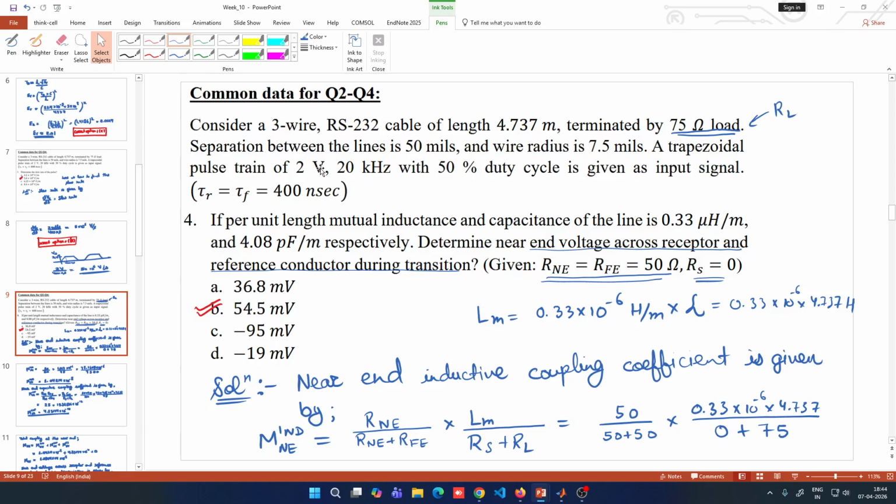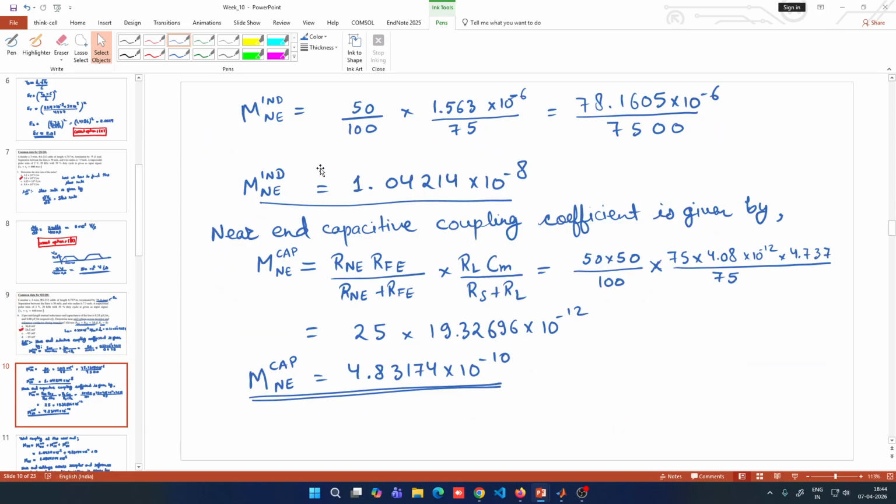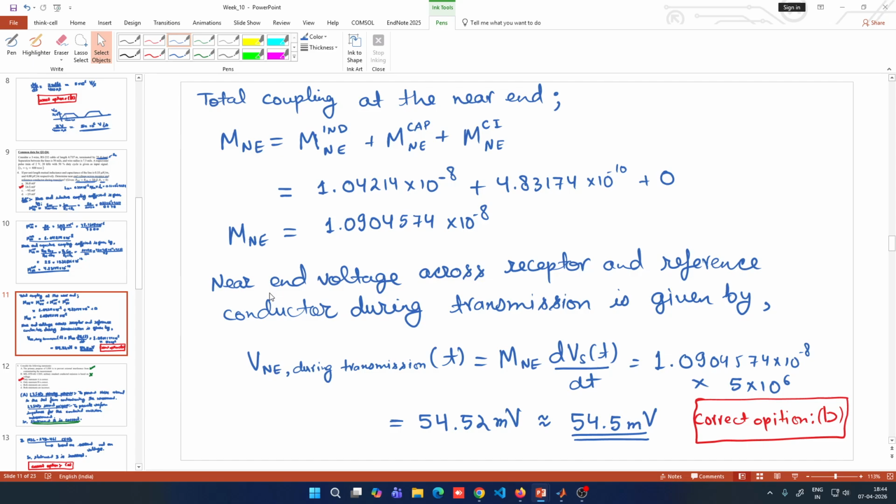So we know the formula for the near end inductive coupling coefficient, so we have to find the inductive coupling coefficient and the near end capacitive coupling coefficient, and then the total coupling will be given as the sum of these three. The third one, MNECI, is the mutual coupling, the combined effect of inductive and capacitive.